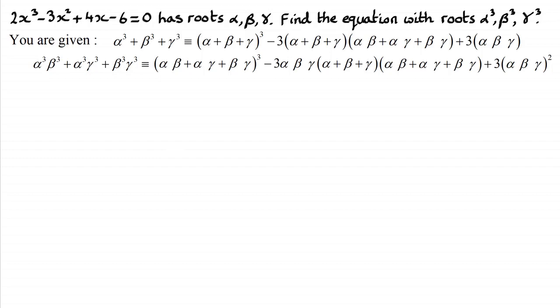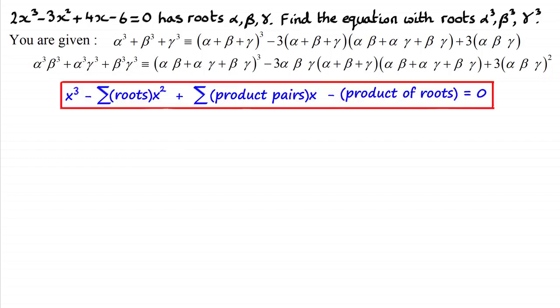Now you should already be familiar with the form of a cubic equation in terms of its roots. If not, do go back and check the earlier videos on this, but basically it's x cubed minus the sum of the roots times x squared, plus the sum of the product pairs of roots times x, minus the product of the roots, and that equation equals 0.